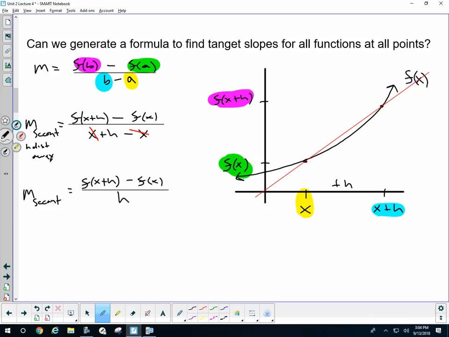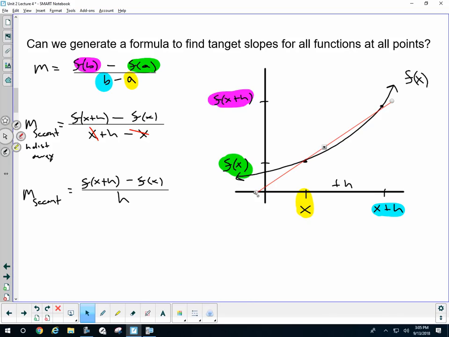Okay, fantastic. Well, I wanted not a secant line, I want a tangent line. So I don't want that line there, I want this line here. But I'm going to have to use a line connecting these 2 points.